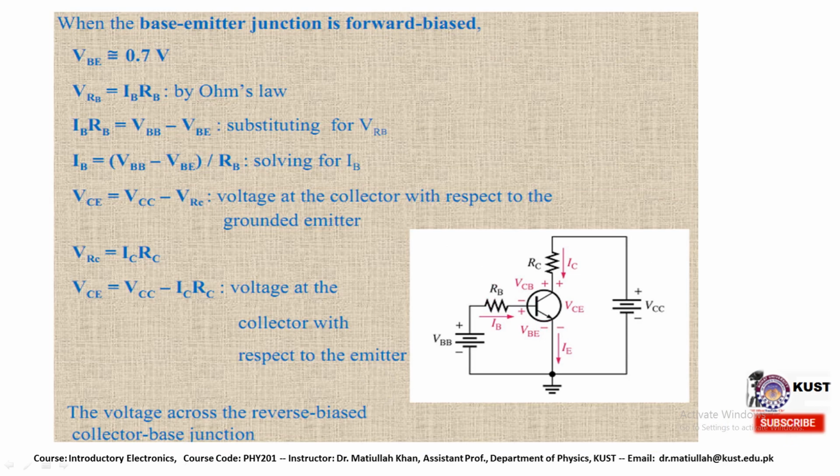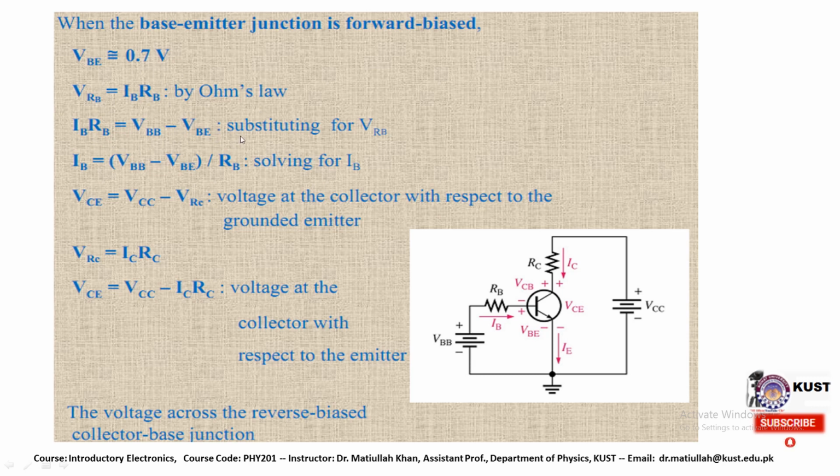Coming towards the base, when the base emitter voltage VBE is 0.7 volt, we have the simple equation that VRB should be equal to IB into RB, by Ohm's law.